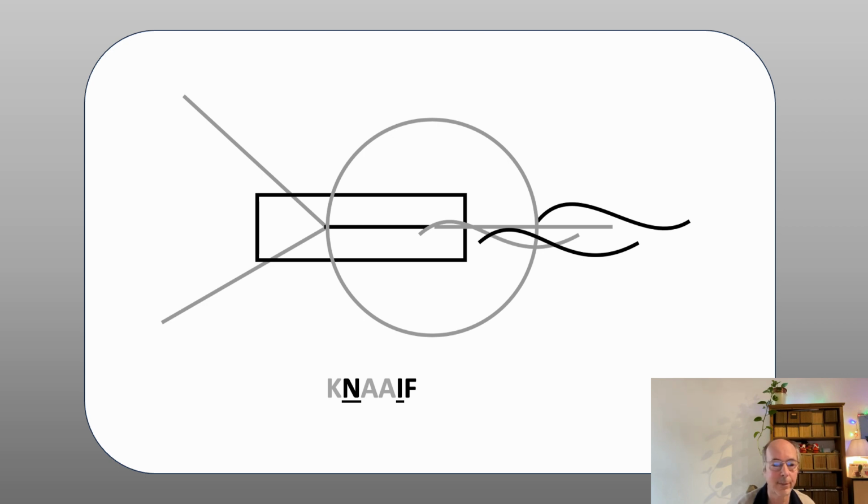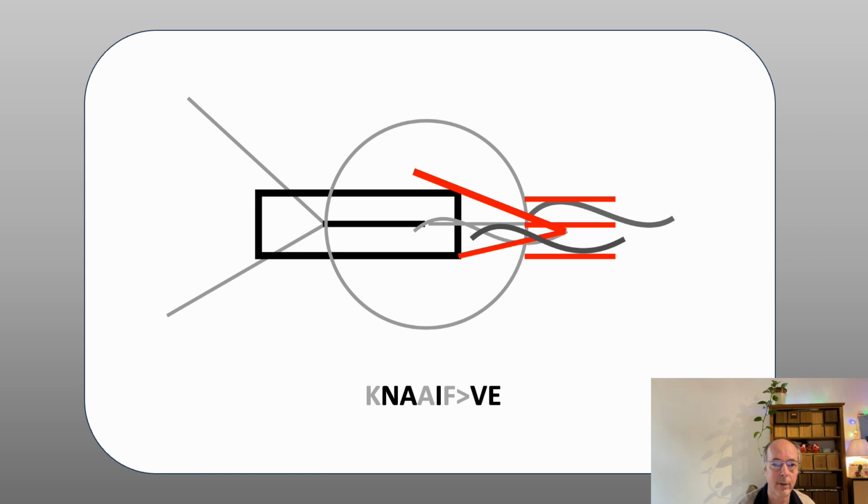We don't express it with F in the word as we write it, but with VE. So we will add the VE to connect this F as we have there. So it is also a complexity that you have, but it deals with all the letters. It deals with the K, the N, the A, the I, the F, the V, and the E. It deals with all these aspects, and it will flow them into each other.